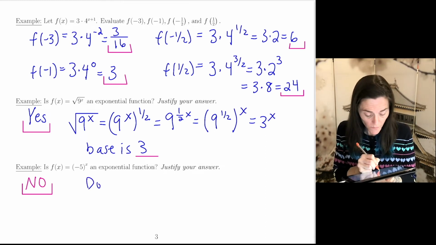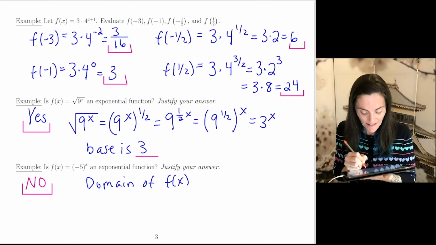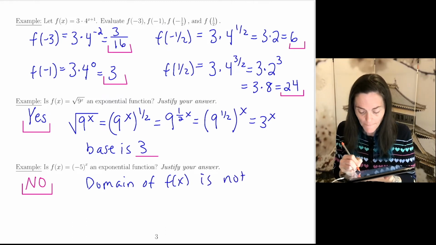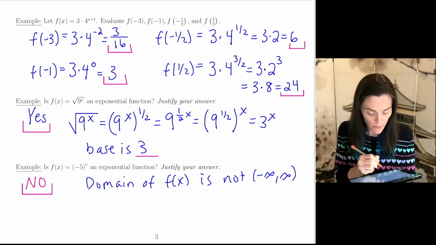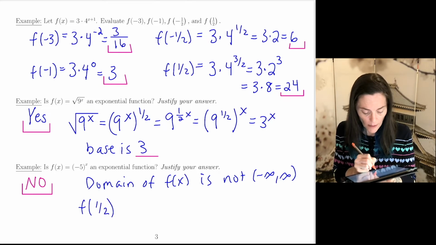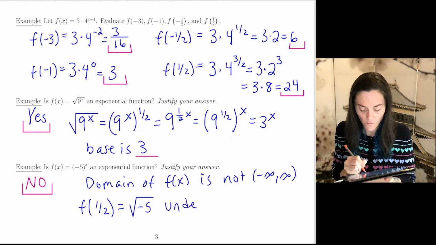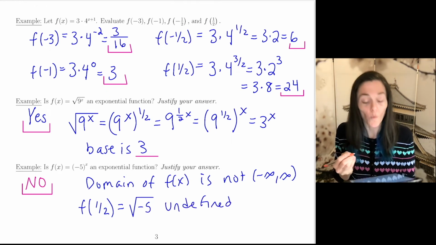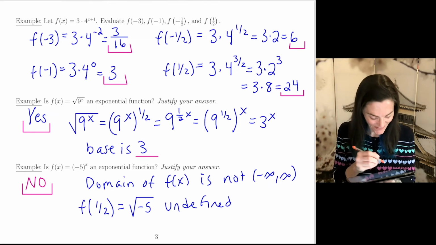The domain of this function is not -infinity to infinity, which we must have for exponential functions, because, for instance, f of 1/2, which would be the square root of -5, is undefined. So for example, 1/2 is not in the domain of the function. Is this an exponential function? Not a chance.